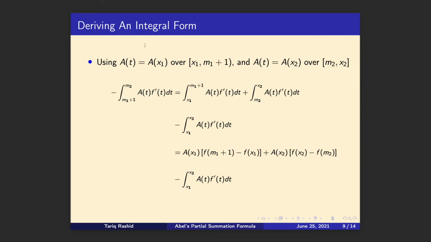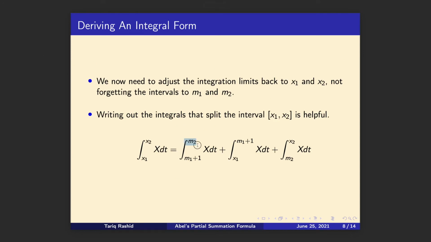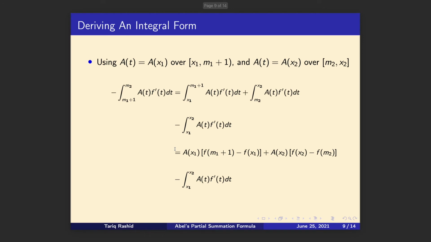There's a minus sign there, and we're saying that is the same as the three pieces rearranged. So it's x1 to m1 plus 1, m2 to x2 minus the other one, x1 to x2. That's just this thing rearranged to isolate this one here, because that's the one that's important to us. So that's on the left now, and that's the other bits on the right.